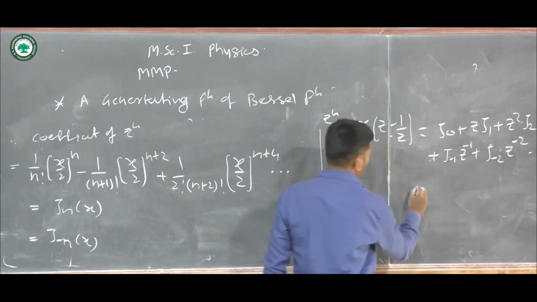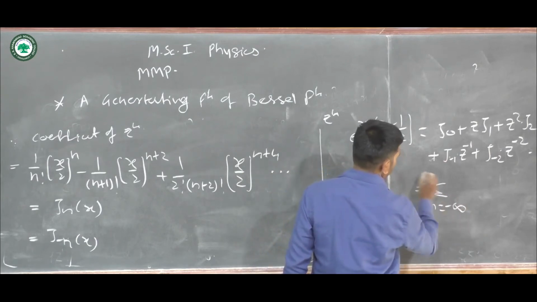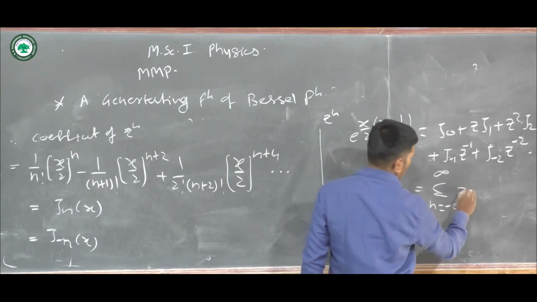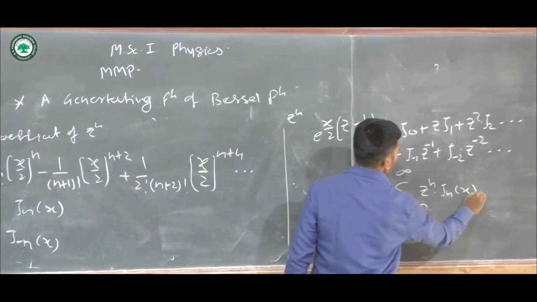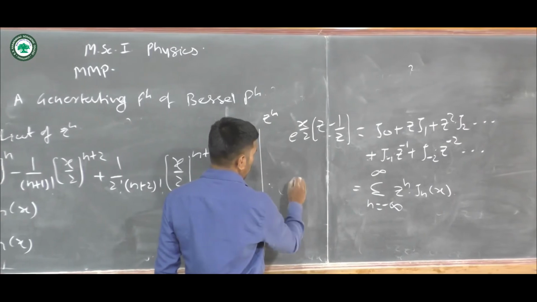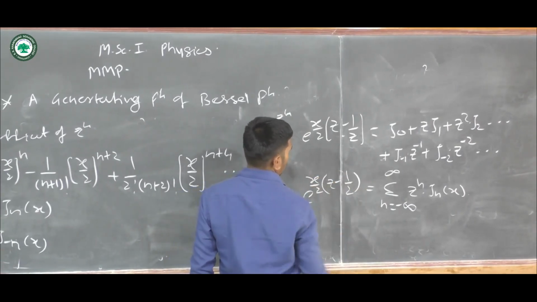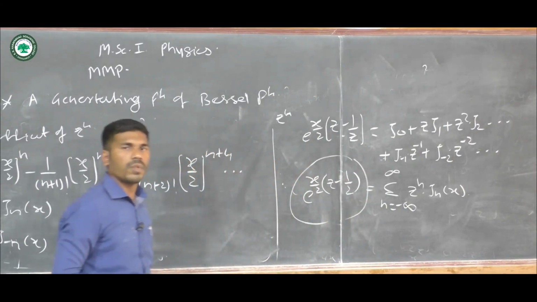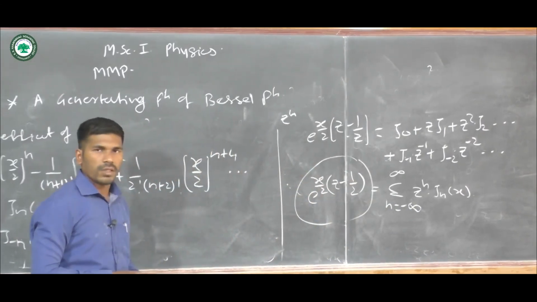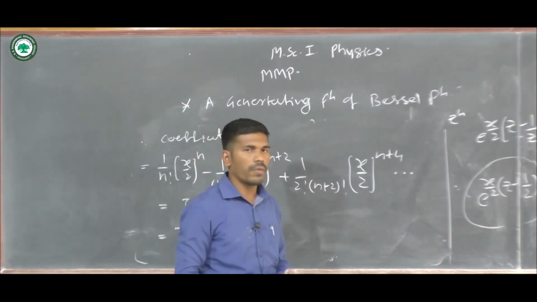So we can write this as the summation over n from minus infinity to plus infinity of z power n into Jn(x). So e raised to x by 2 into (z minus 1 by z) equals this, and this is called the generating function of the Bessel functions. Okay, thank you. Let's stop here. We'll discuss in the next.